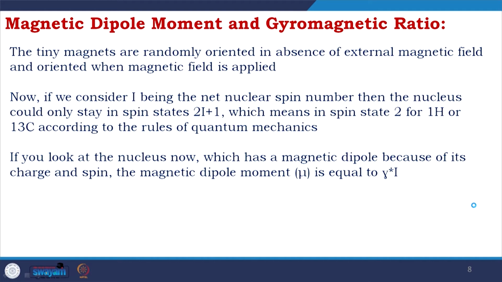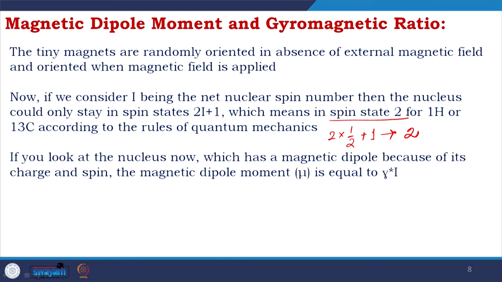So, for a spin of half, 2 into half plus 1 is 2. So, there are two spin states, as for the 1H proton or 13C.